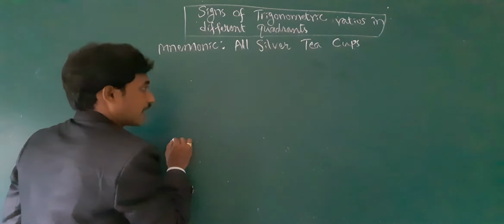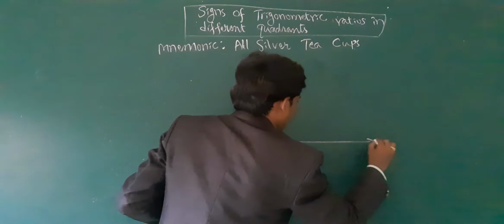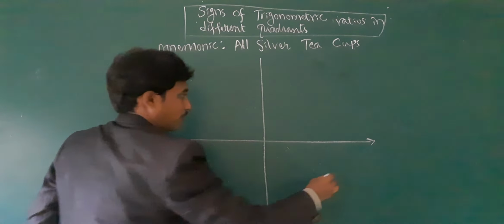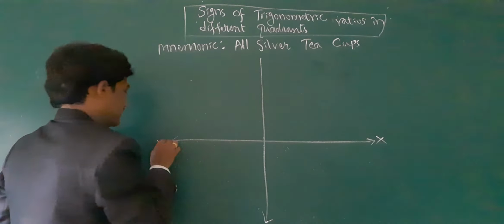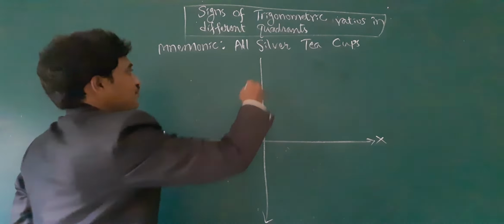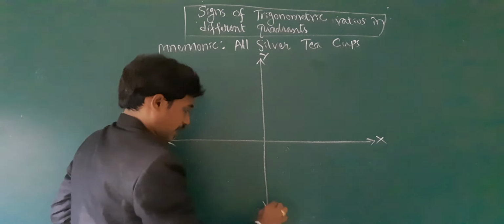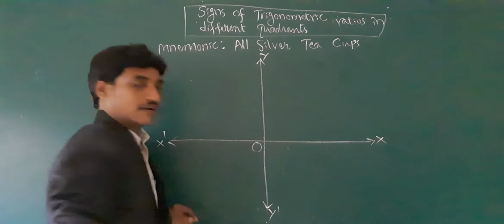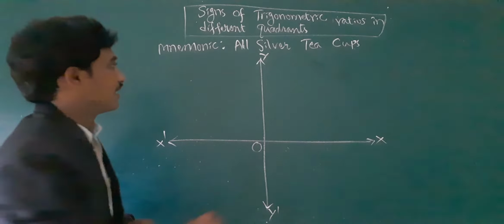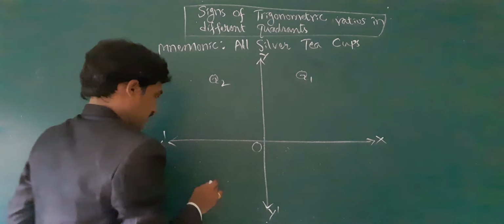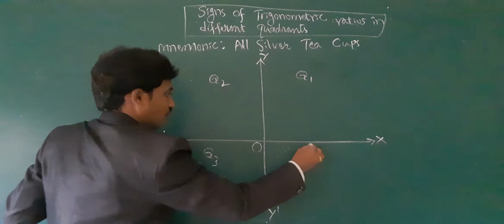Here I am taking different quadrants in the coordinate plane: x axis, x dash, y axis, y dash, intersecting at point O. It is first quadrant, second quadrant, third quadrant, fourth quadrant.